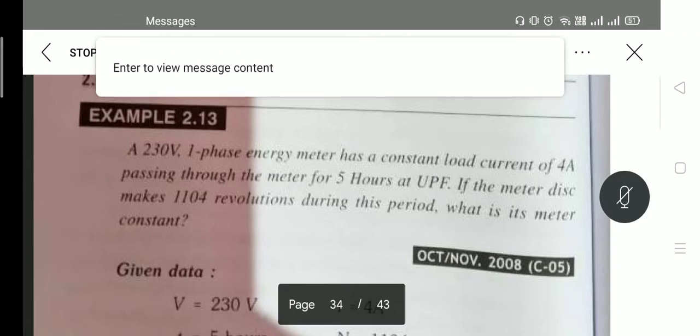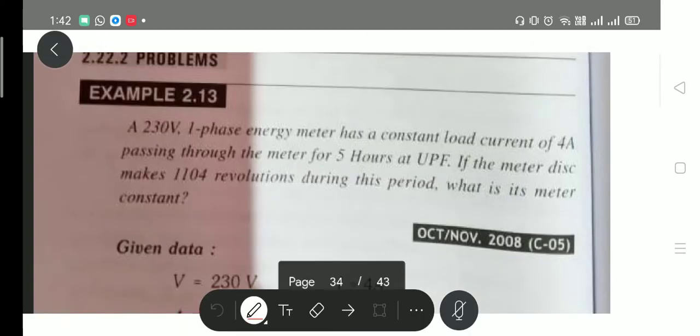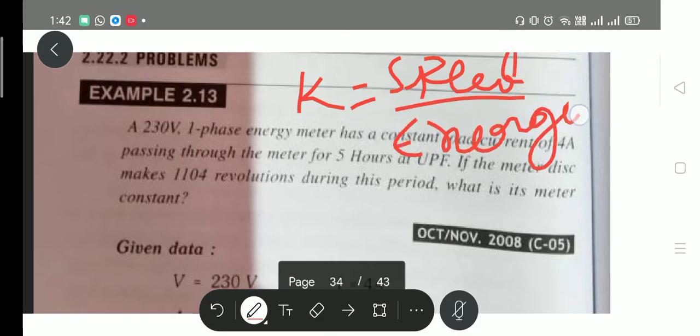Yesterday we discussed the meter constant, that is K is equal to speed by energy, that is number of revolutions per kilowatt hour. Using this formula, we can calculate the meter constant here.